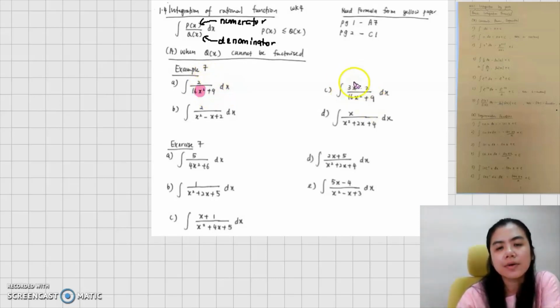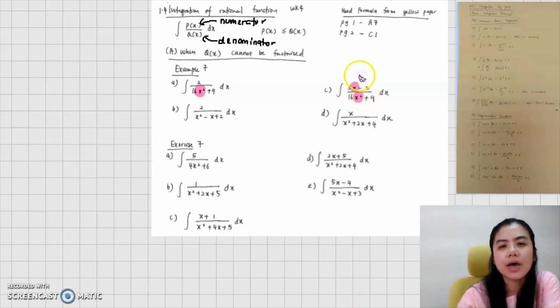Okay, or you have another example. You have the numerator, where the highest degree is x power 1, and at the denominator we have x power of 2. Obviously, the degree at the top is less than the degree at the bottom.